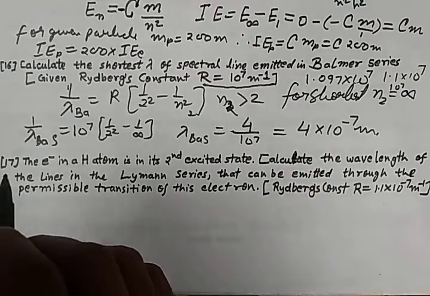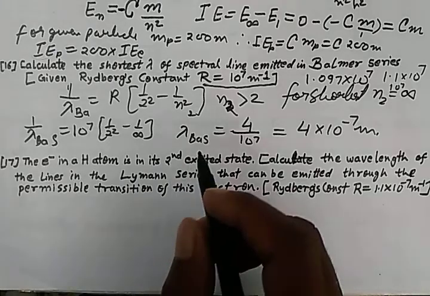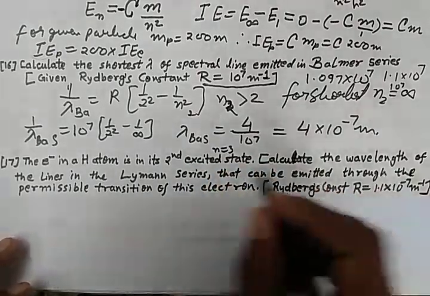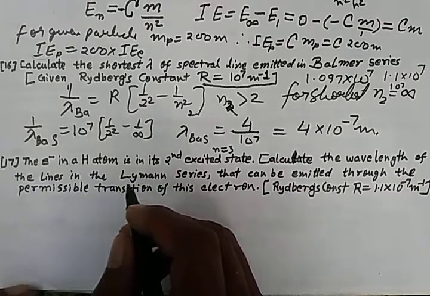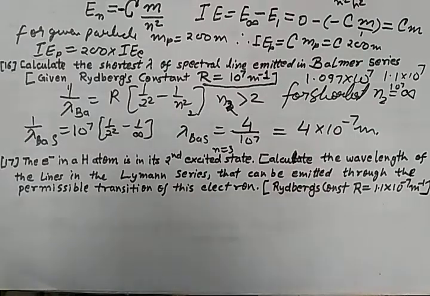Now the electron in a hydrogen atom is in its second excited state, meaning n equal to 3. Calculate the wavelength of the lines of the Lyman series that can be emitted through permissible transitions of the electron. It's a very long question.